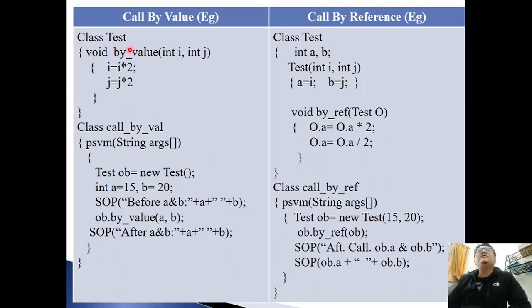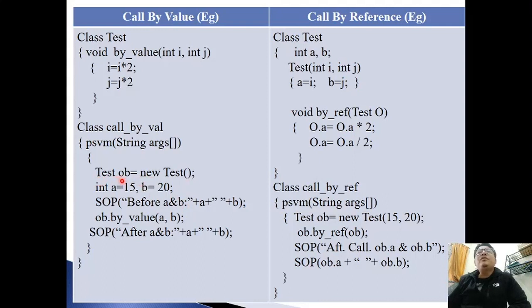So there is a class called Test, and there is a method called void by_value which takes two arguments. This is my formal argument and this is my actual argument, a and b. Whatever you get in i and j will get multiplied by 2 and updated accordingly. This is my main function, public static void main, declared inside the class called CallByValue.